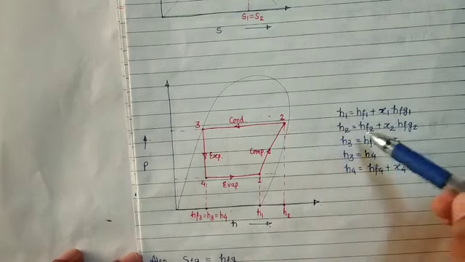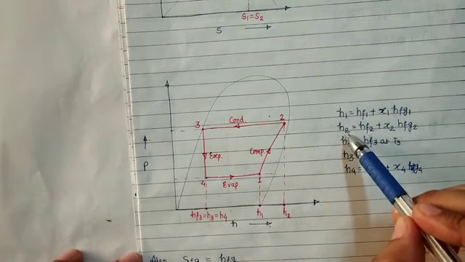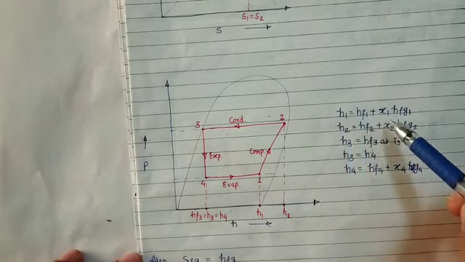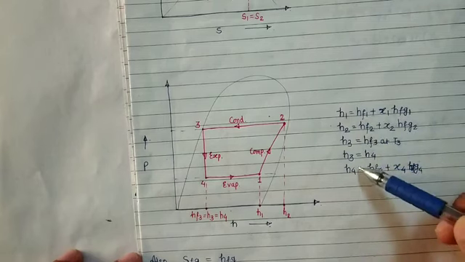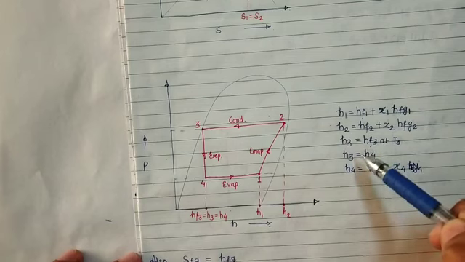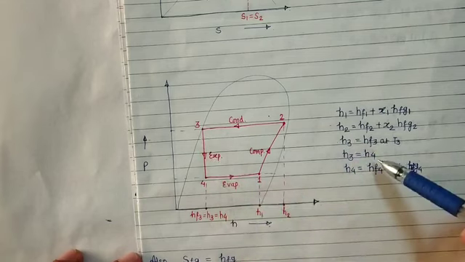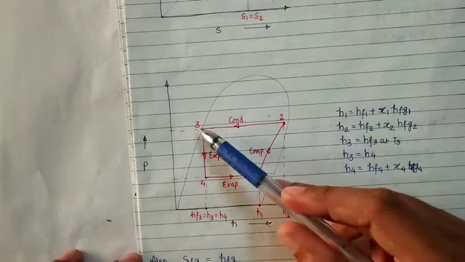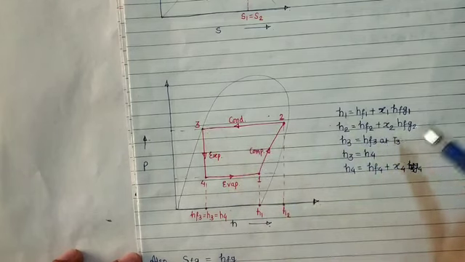So during the calculation of H2, we have used this formula: H2 equals hf2 plus x2 hfg2. Other things are same. H1 and H4 are inside the dome shaped region, so they are calculated in same way. H3 and H4 are equal because of expansion process. H3 equals hf3 as we are getting it on the saturated liquid line.